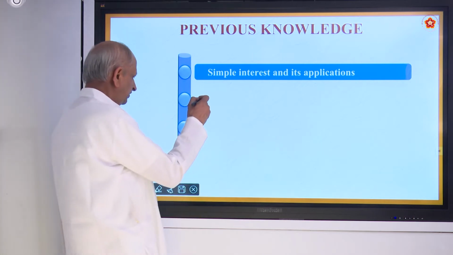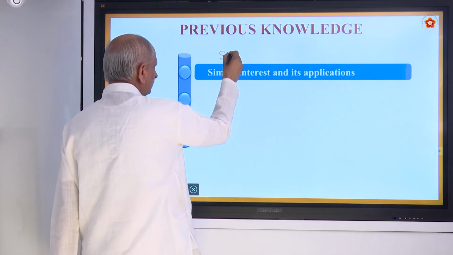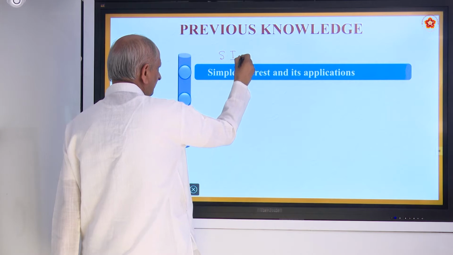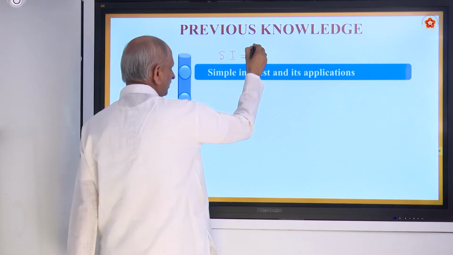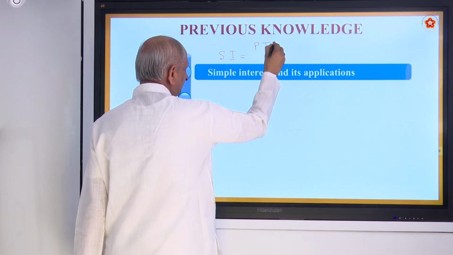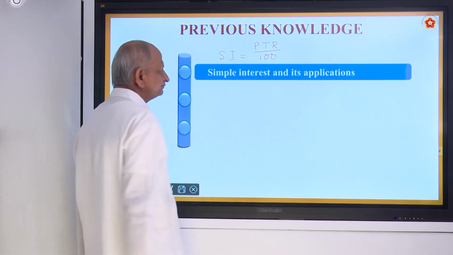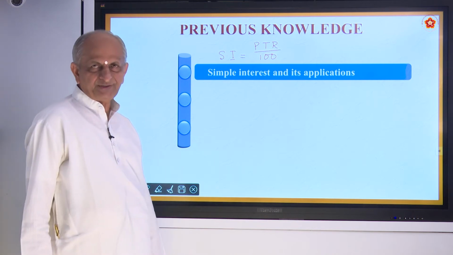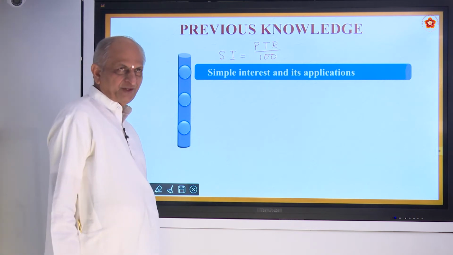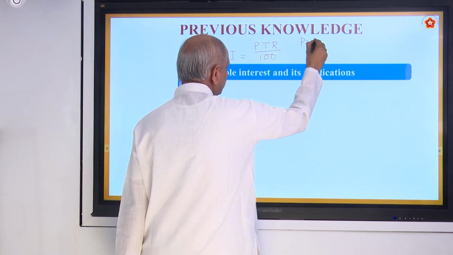Can you tell me the formula? Yes, SI is equal to principal, time, rate. SI equal to PTR by 100. What does P stand for? Principal. T, time.